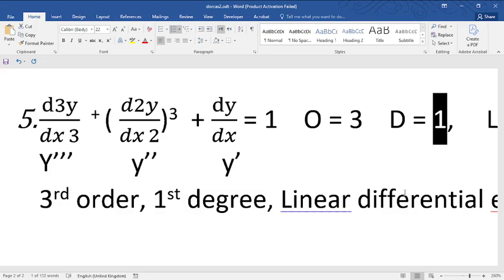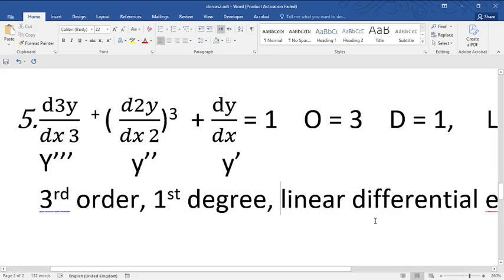Now the only thing remaining to know is homogeneity, which is whether the equation is a homogeneous or non-homogeneous differential equation. So make sure you go through everything and solve the remaining questions assigned to you.